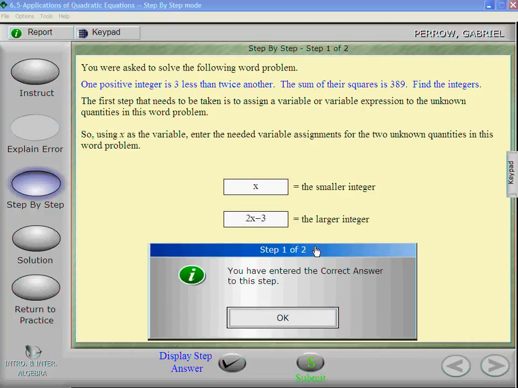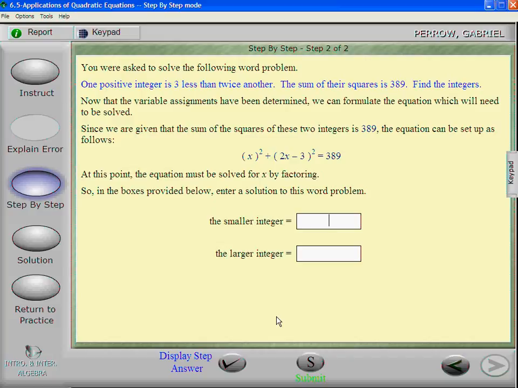Okay, hopefully that makes sense. 3 less than twice the other number would be represented algebraically as 2x minus 3. Okay, and then they talk about if the sum of the squares is 389, then x squared plus 2x minus 3 squared should equal 389.